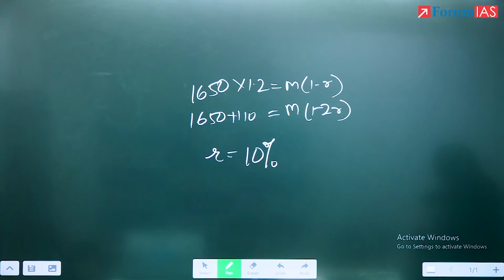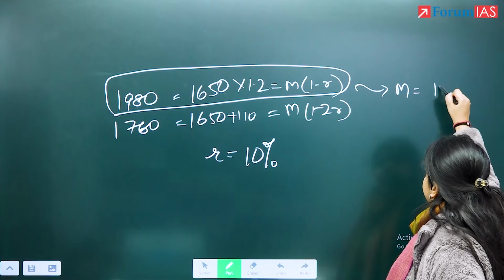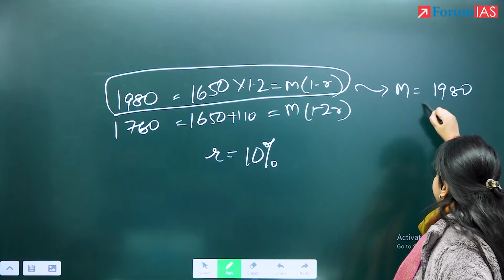To solve this first equation, what is marked price? 2200. So marked price will come out to be 1980 divided by 0.9. 1 minus discount. यहाँ तक ठीक है? तो marked price आ गई कितनी? 2200. We know marked price is 2200.